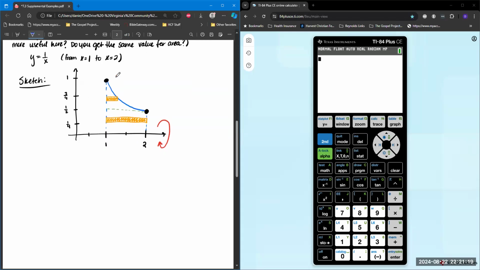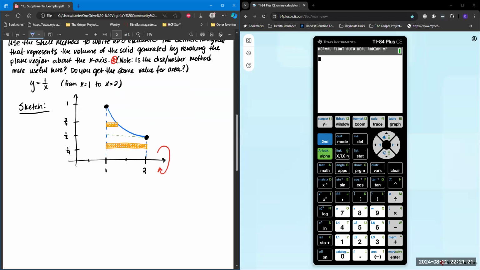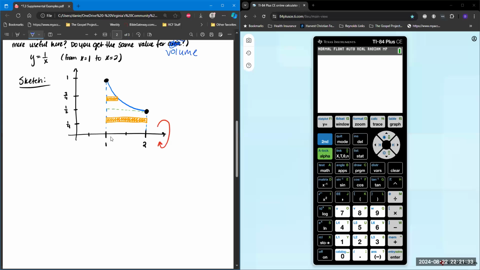Do you get the same value for the volume?